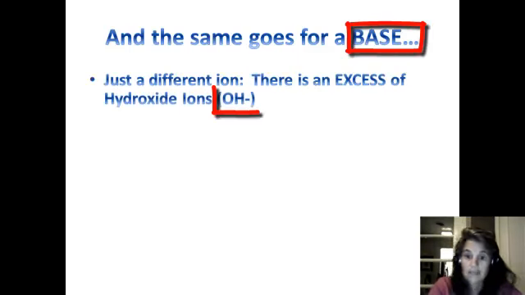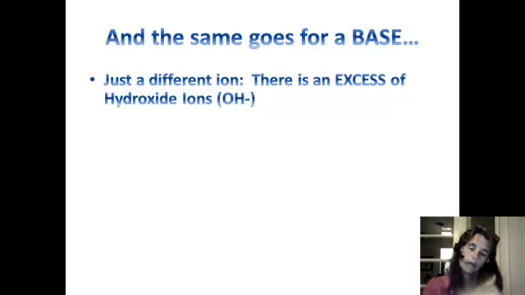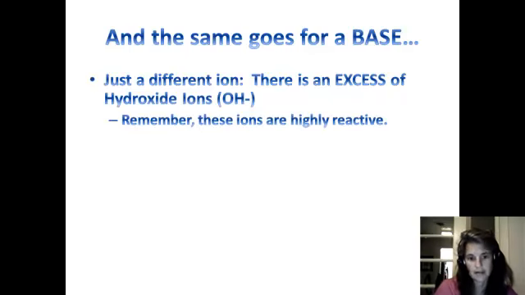Just a different ion. There is an excess of hydroxide ions in the case of a base. For example, if you have a glass of pure water and you pour in a bunch of sodium hydroxide, a basic substance, it disassociates and you have a bunch of extra OH minuses in that water, making it very basic. It's more OHs relative to the H pluses that are in there.